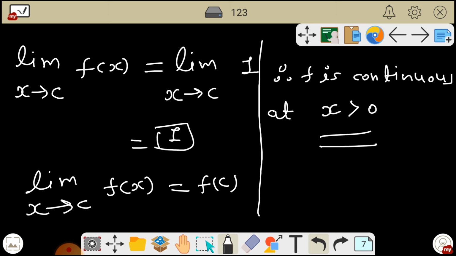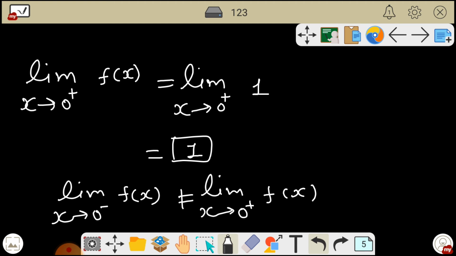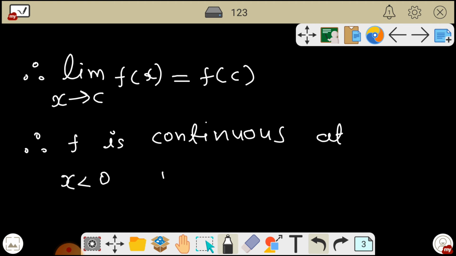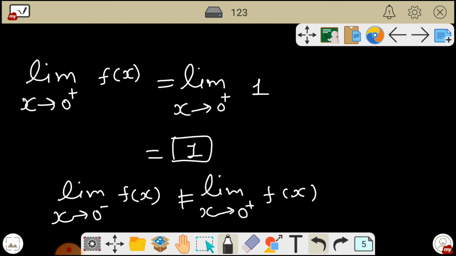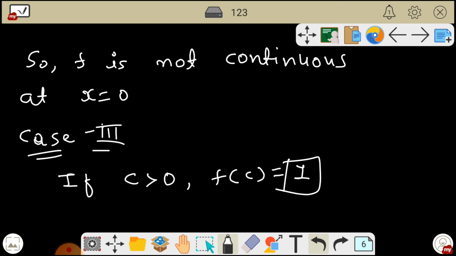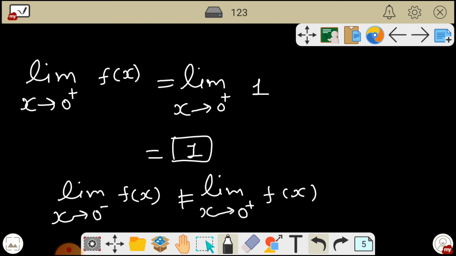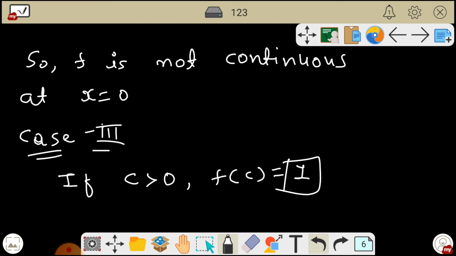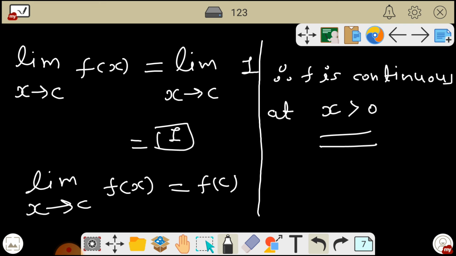For all the points which are less than 0, our function is continuous. But for x equals 0, our function is not continuous here. So we can say that x equals 0 is a point of discontinuity.